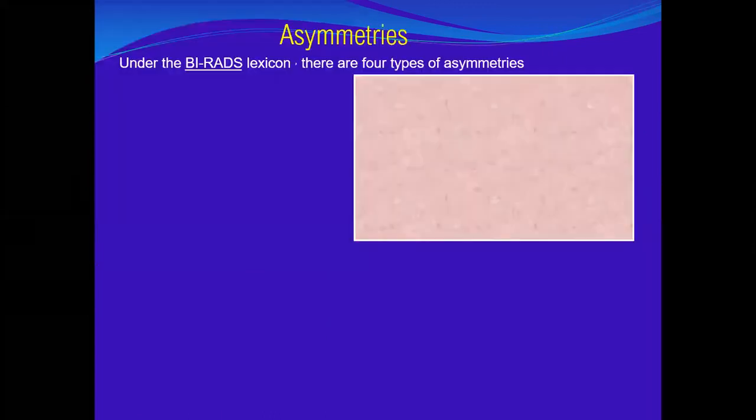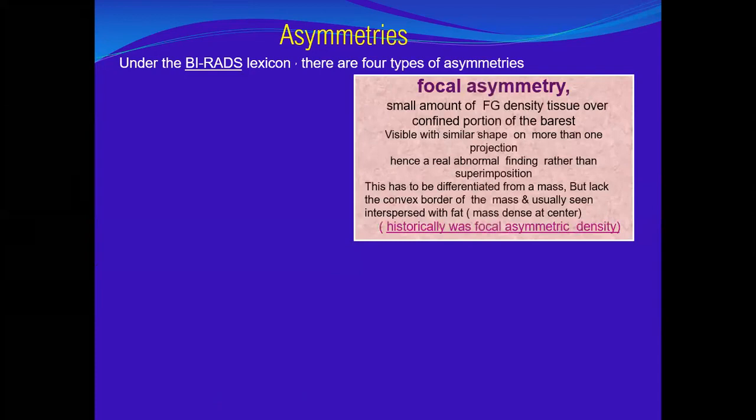According to BI-RADS lexicon, there are 4 types of asymmetries. Focal asymmetry is a small amount of fibroglandular tissue density over a confined portion of the breast, less than a quadrant, visible in more or less similar shape on more than one projection, hence a real abnormal finding rather than superimposition.